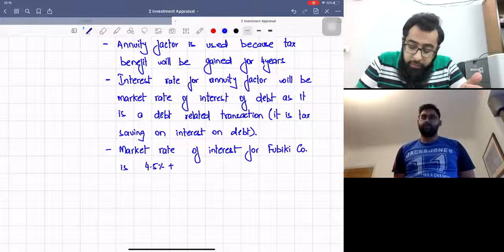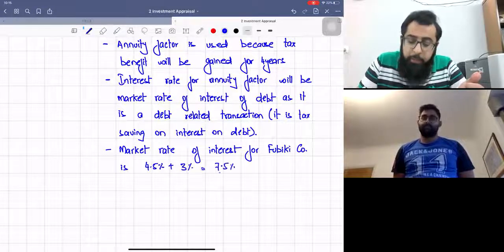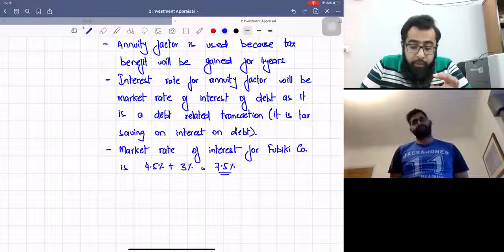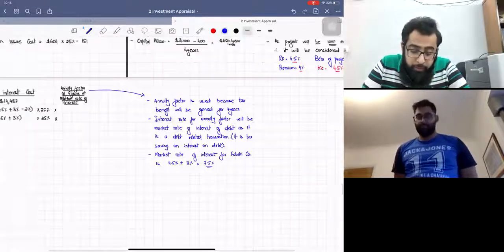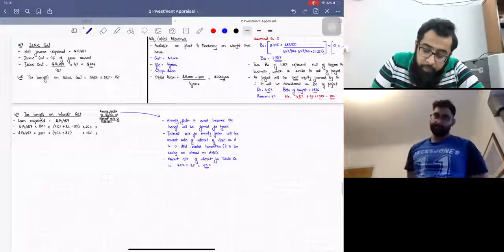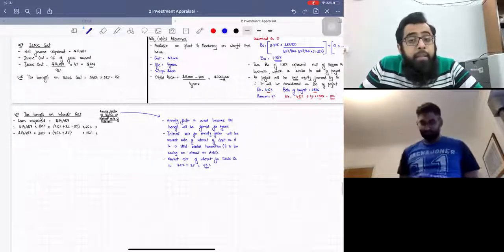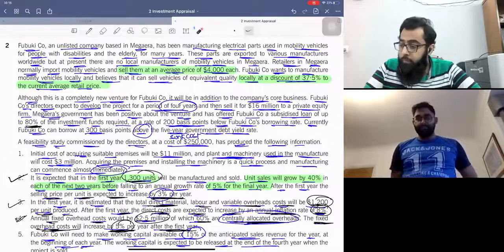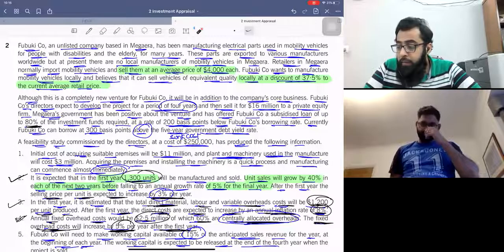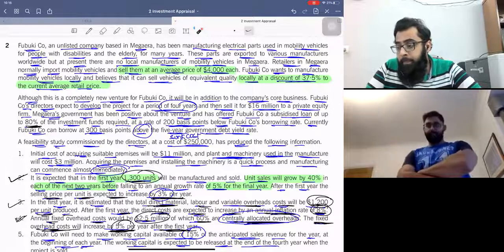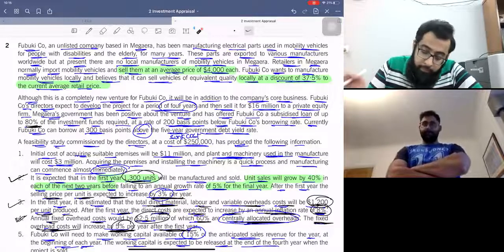So market rate of interest is 300 basis points above the 5-year government debt yield. Done?